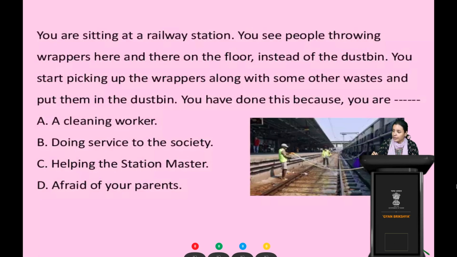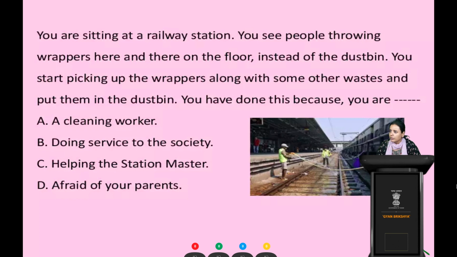So now here's a psychometric question, students. Try to answer this. So the situation, let me read out the situation so that you can get the point that how you will react in this situation. So you are sitting at a railway station, you see people throwing wrappers here and there on the floor.